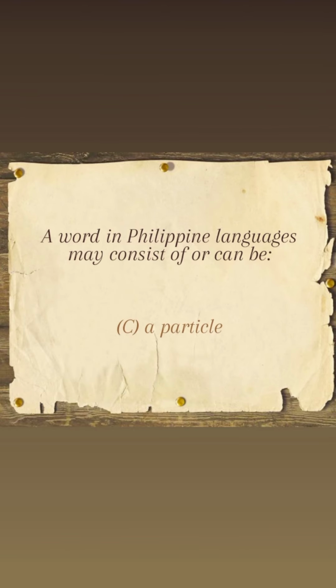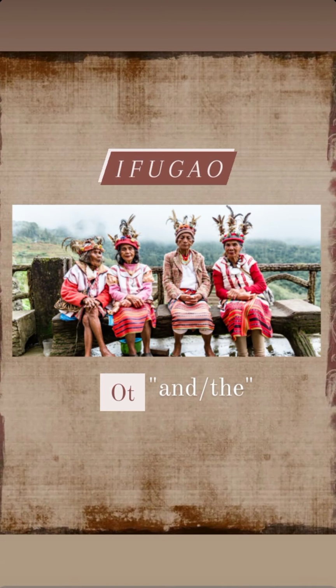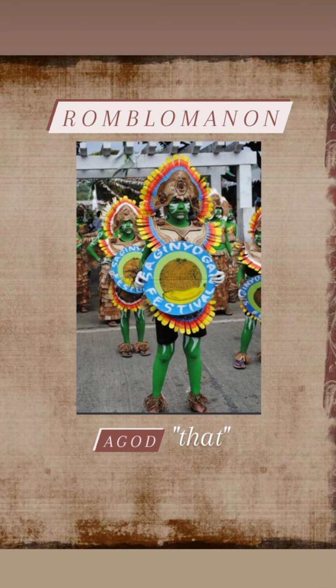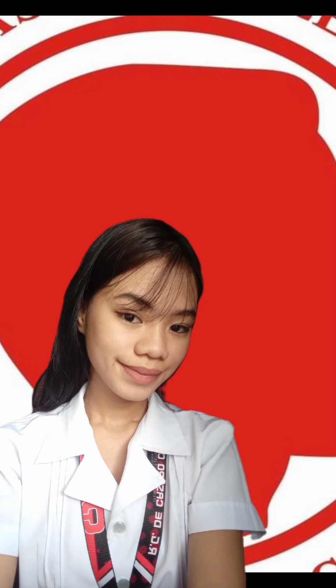An example of a particle in Ifugao, the word ut means the end or the da. In Romblomanon, the word agud is translated as that. So this topic shows how our mother tongue is translated into an international language.